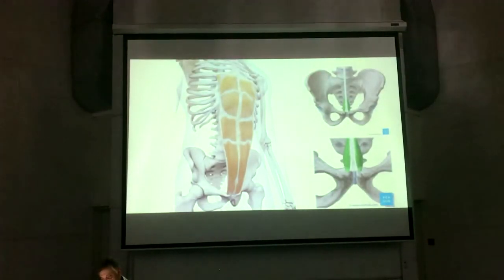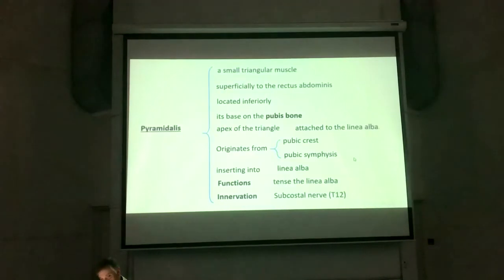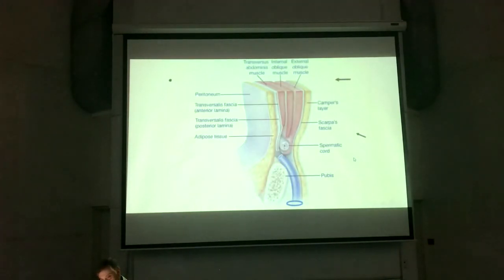There's a small muscle called pyramidalis, between the pubic bone and linea alba. It makes it tense. We will go through this figure when we talk about hernia.